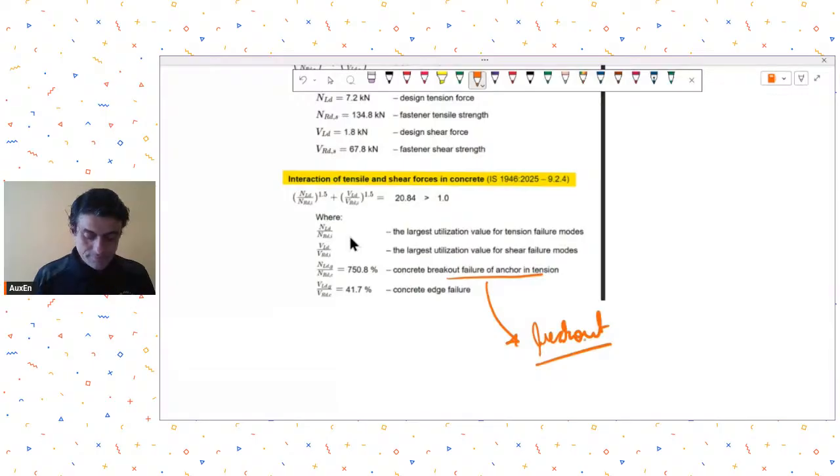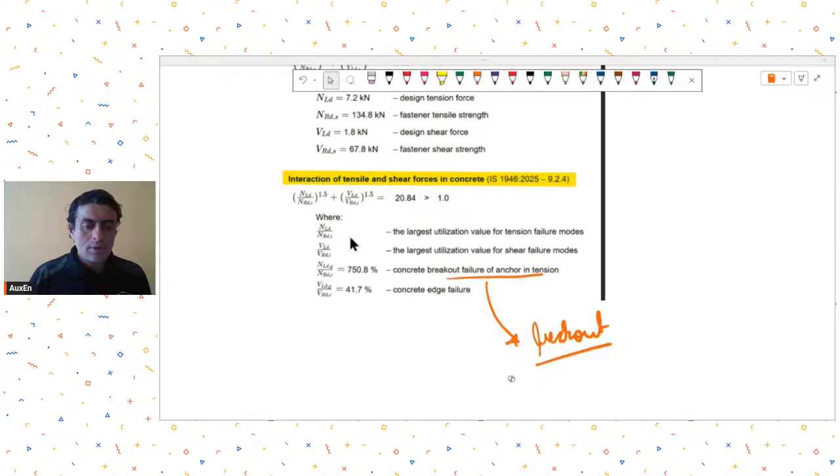Not so much side face blowout, but concrete breakout under shear and concrete breakout under axial tension are important failure actions due to which your anchor bolts fail in tension.